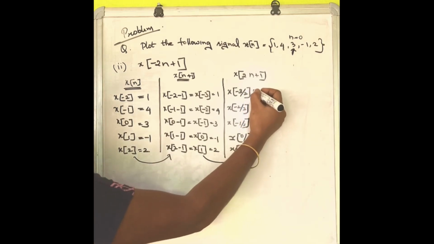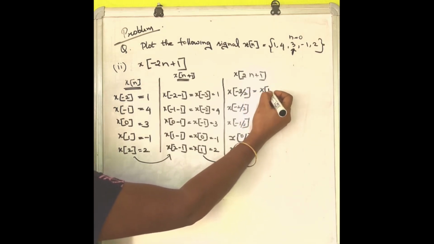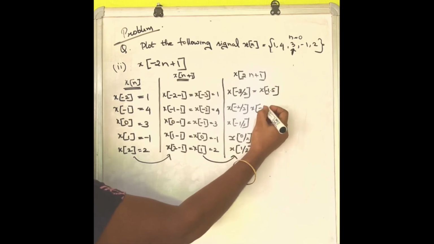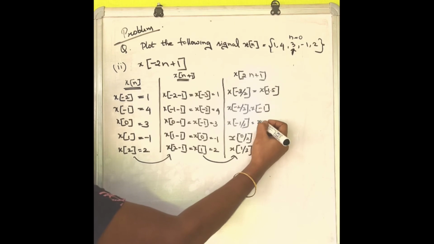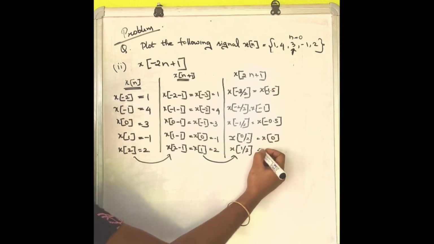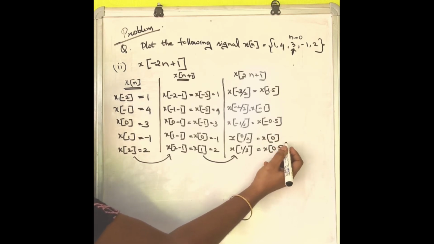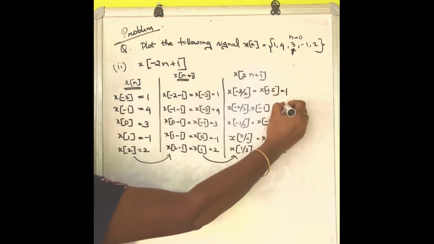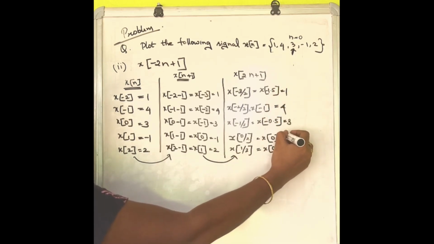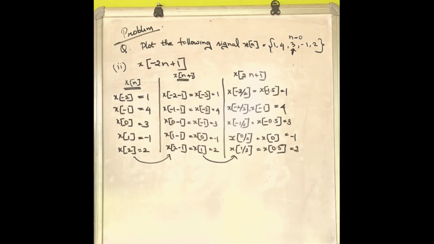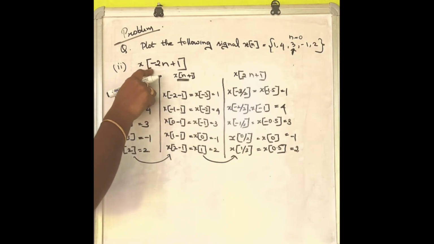Okay, the value is x into minus 1.5, x into minus 1, x into minus 0.5, x into 0, x of 0.5. So these are the new values of n for which the amplitude remains same. There is no change in the amplitude.